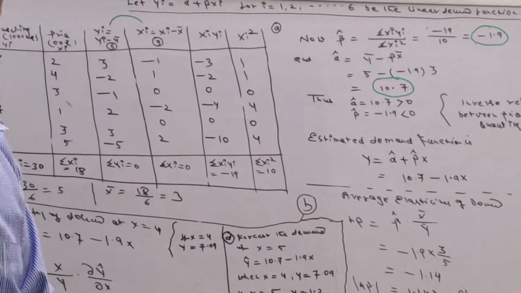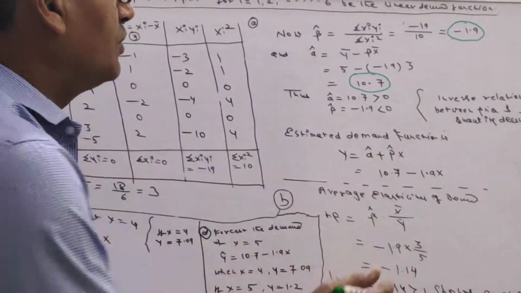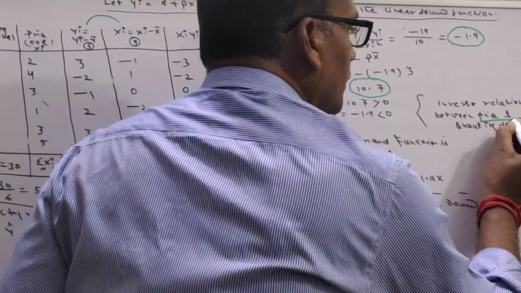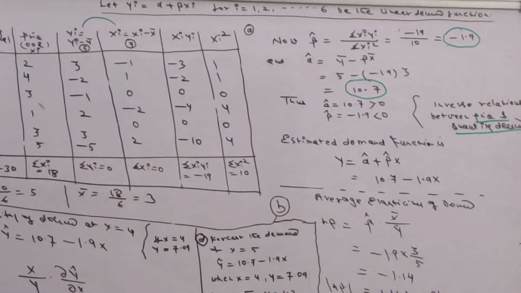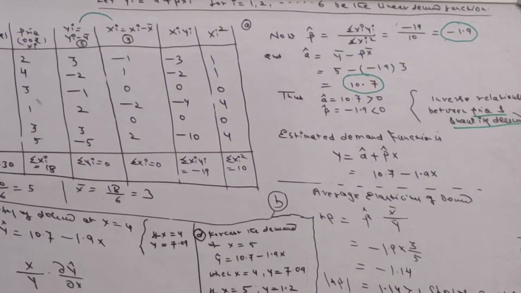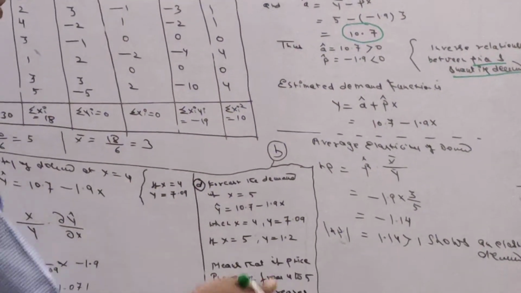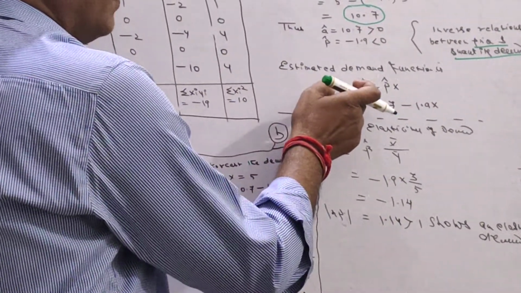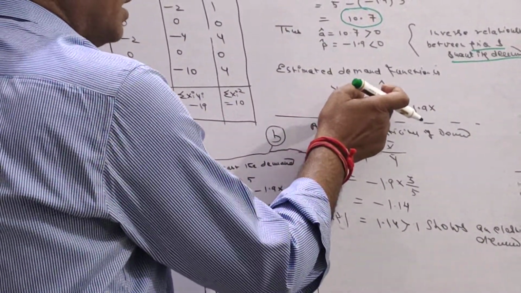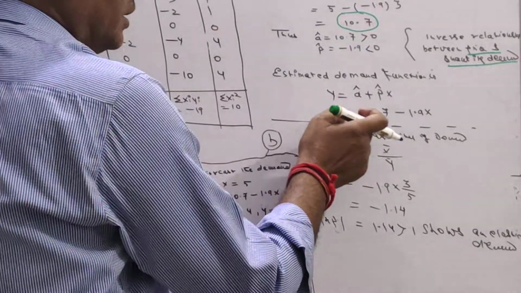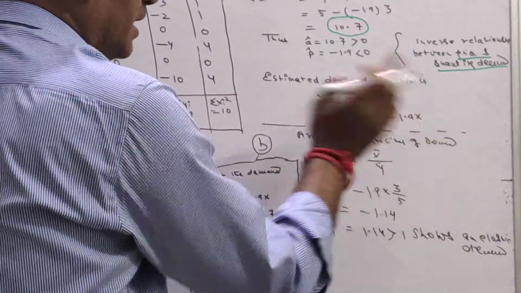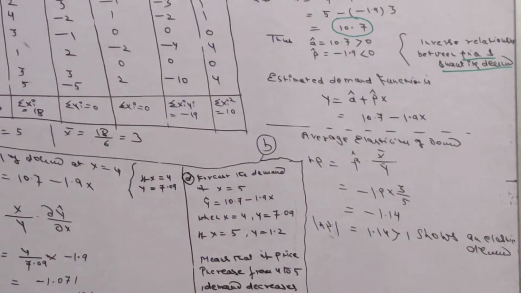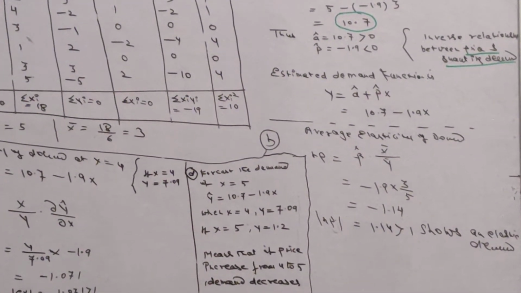It shows that there is an inverse relationship between price and quantity demanded. Now the estimated demand function may be written as y equal to alpha hat plus beta hat x, that is 10.7 minus 1.9x. This is the estimated demand function.